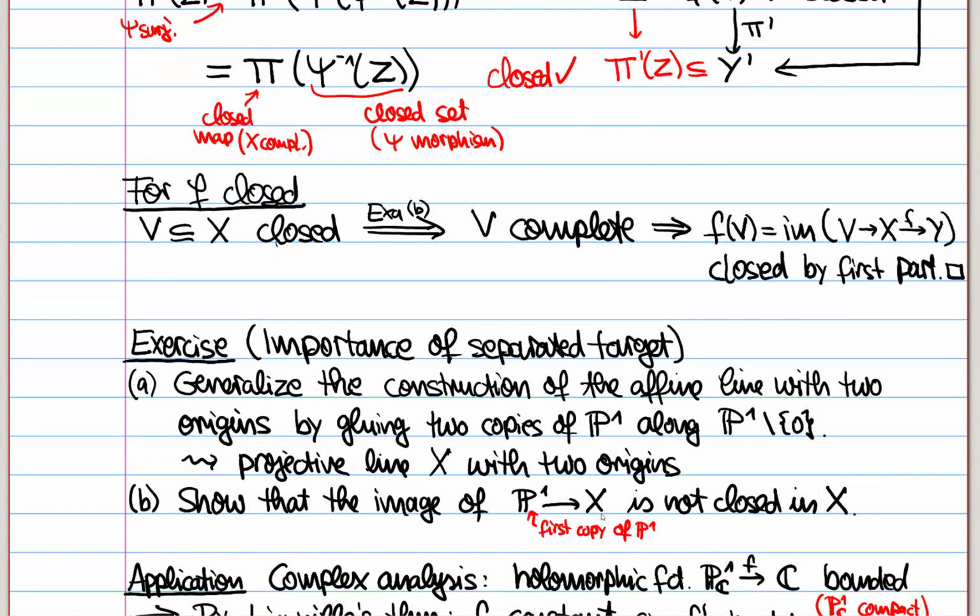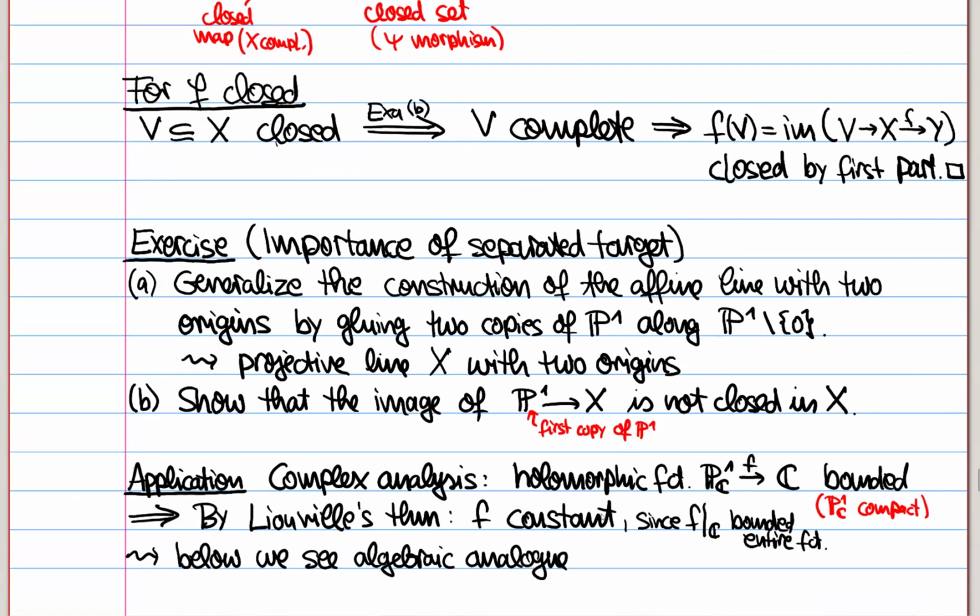Okay. And for a small application of this notion of completeness, recall that in complex analysis, again, we make some analogy to the complex situation. In complex analysis, we have the statement that if you have a holomorphic function from P1, the Riemann sphere, to the complex numbers, then, well, of course, because this is compact, the image is compact, so it's bounded inside the complex numbers.